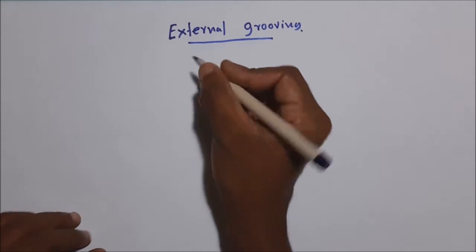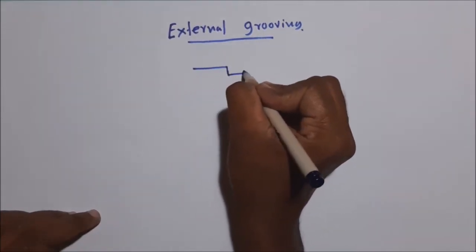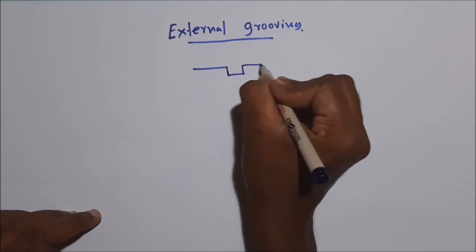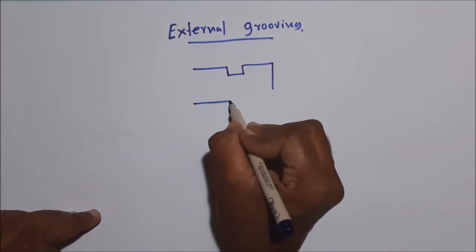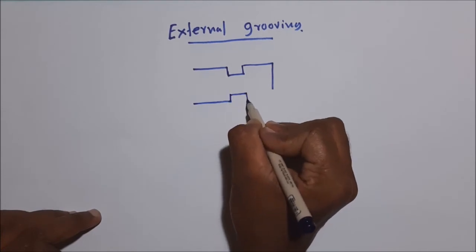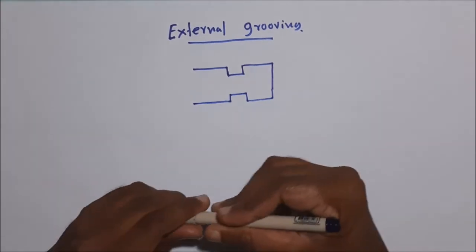Generating a groove externally is called external grooving. That means generating this kind of groove on a cylindrical component is called external grooving. You can see the groove.